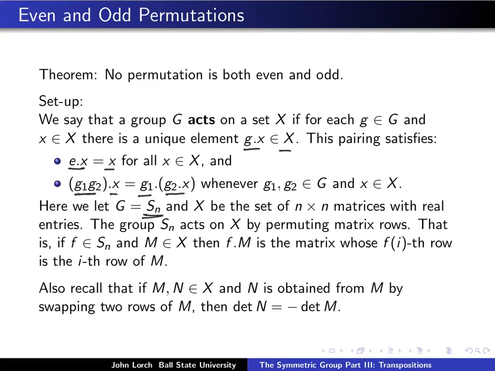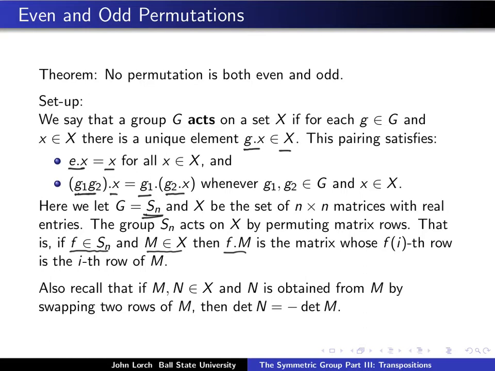That is, if you take a permutation f in Sn and a matrix M in our set X, then the permutation acts on that matrix by sending the ith row of M to the f of ith row of f dot M.